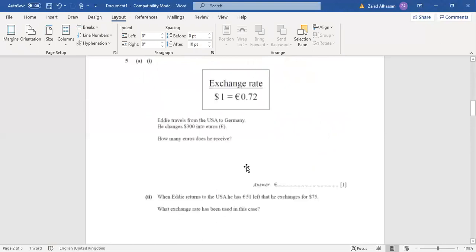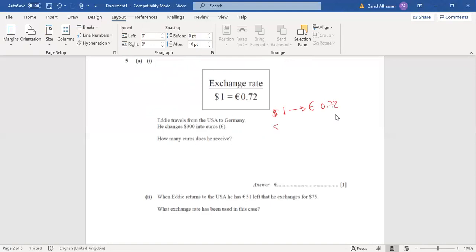Now the rate or exchange rate. The rate is $1 equals 0.72 euros. Now ED travels from the US to Germany. Okay, he changes $300 into euros. How much he received? So as you can see, we have $1 as in euros, it's 0.72.